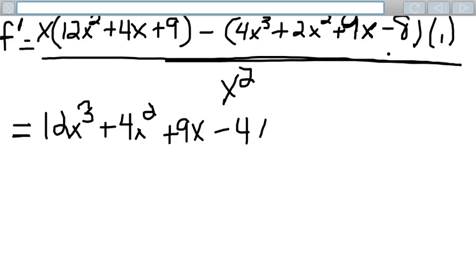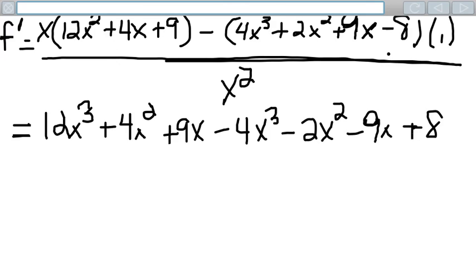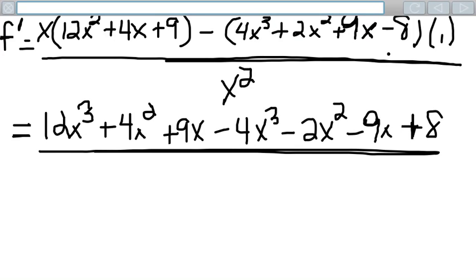Now minus 4x cubed minus 2x squared minus 9x plus an 8. So basically I just changed the sign of everything that was in this guy up here. And that's all over x squared. The world's worst x squared, but you get what I mean.